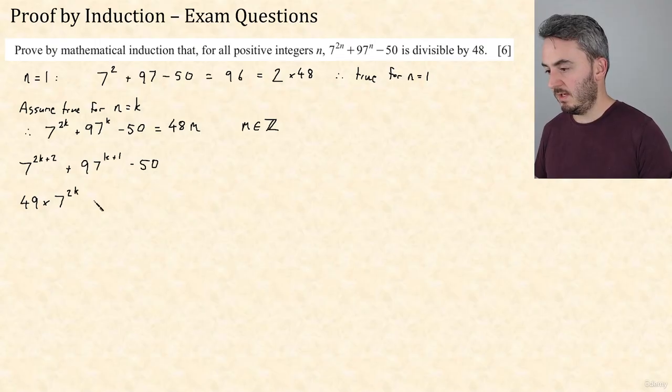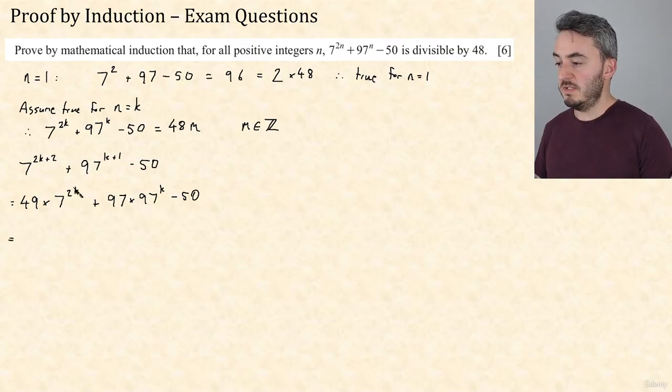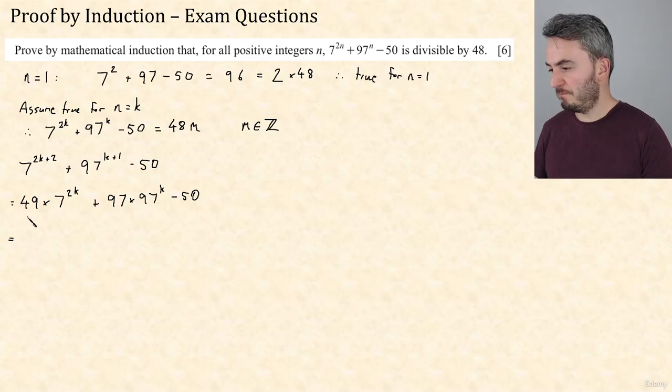And then here I can just express it as 97 lots of 97^k, minus 50. And why is that useful? Well, I can pull out quite a big factor of this. I've got 49 of the thing I want there. I've got 97 of the thing I want there.